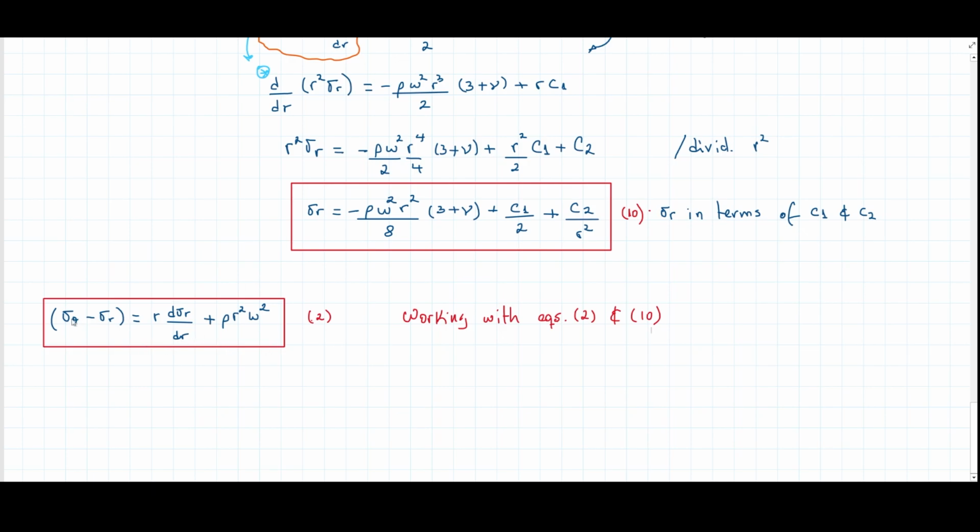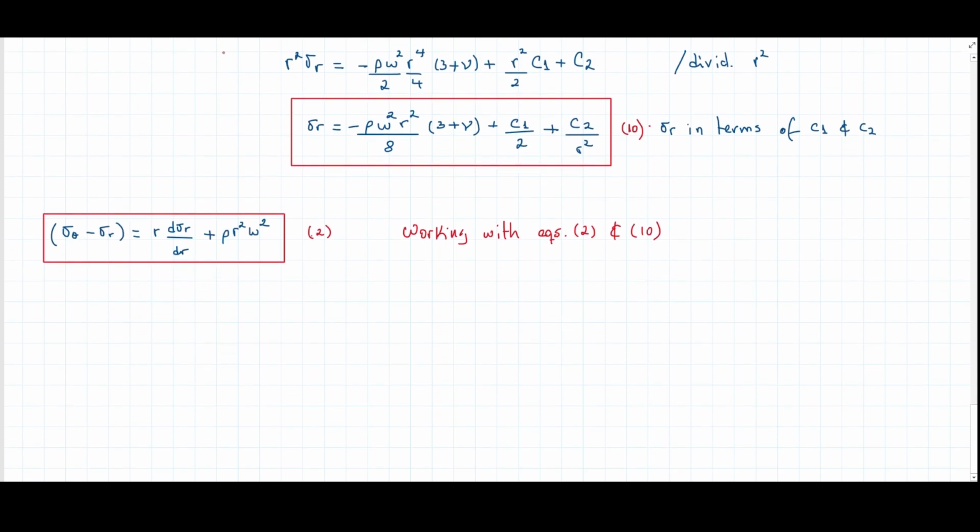Okay. So I can say that the circumferential stress, if I take this radial stress to the other side, is going to be equal to, this is negative, so it comes as minus this. Negative, negative means it comes to this side like so.